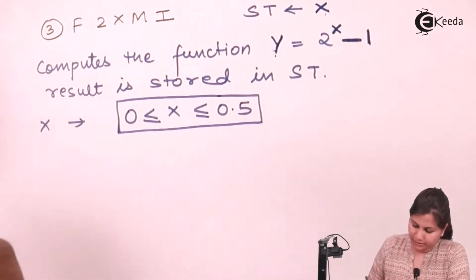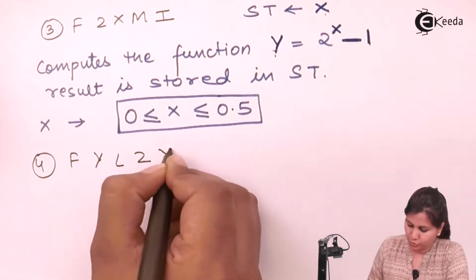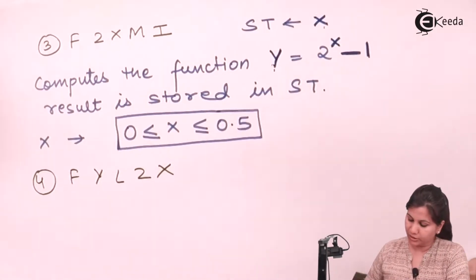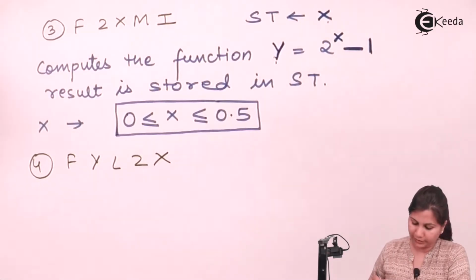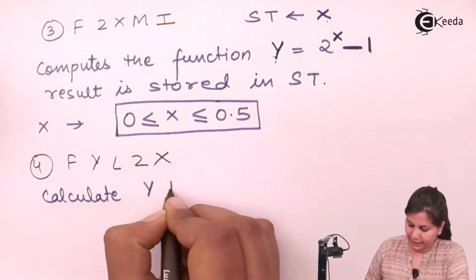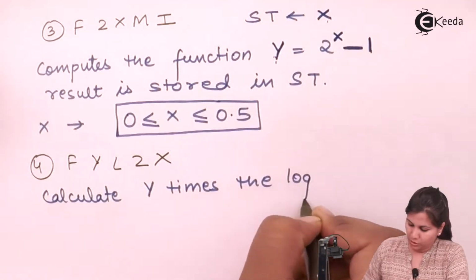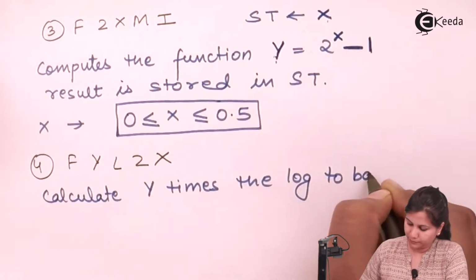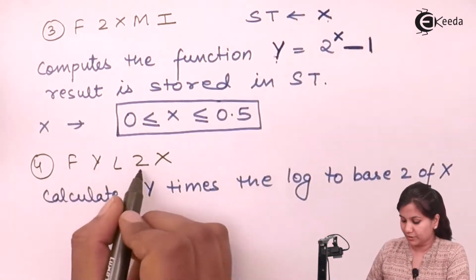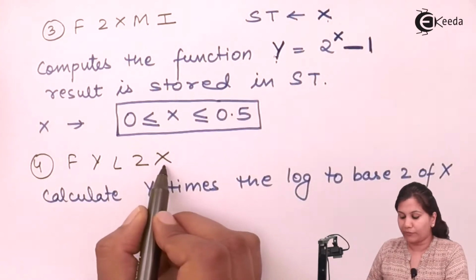Now the next instruction is FYL2X. Okay, that is also an exponential instruction. This instruction is going to calculate y times the log to the base 2 of x. You can see in the instruction, y times log to the base 2 of x.